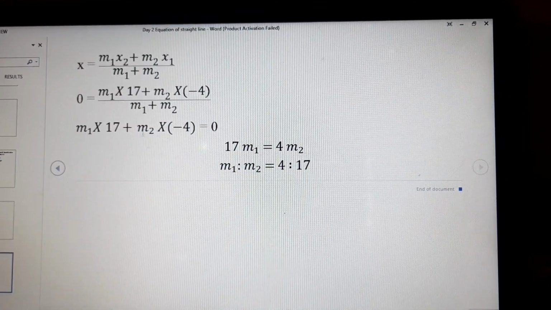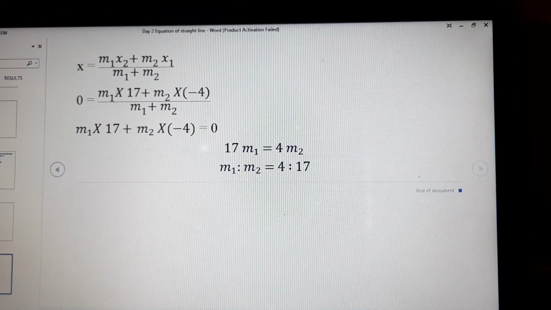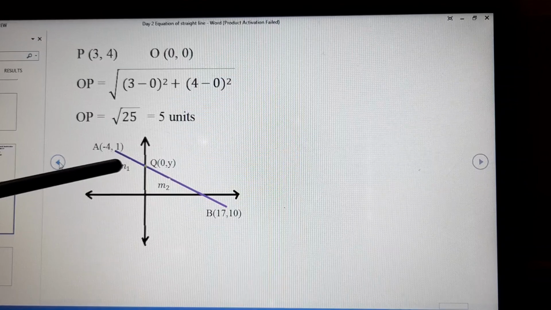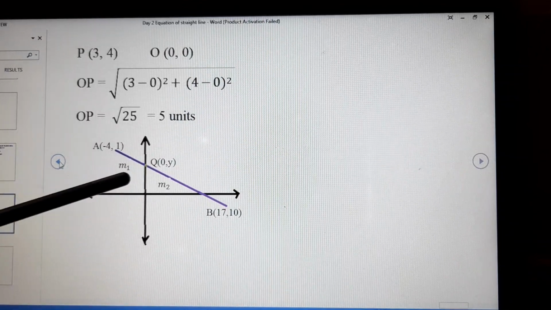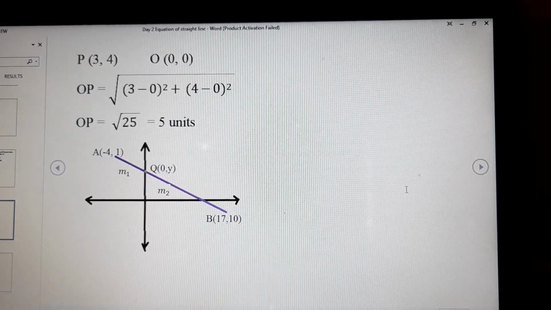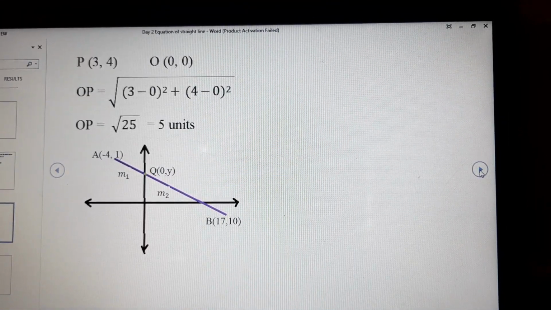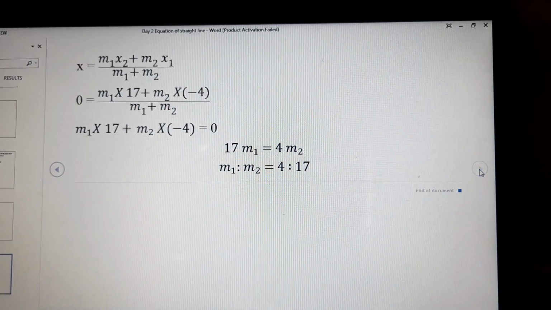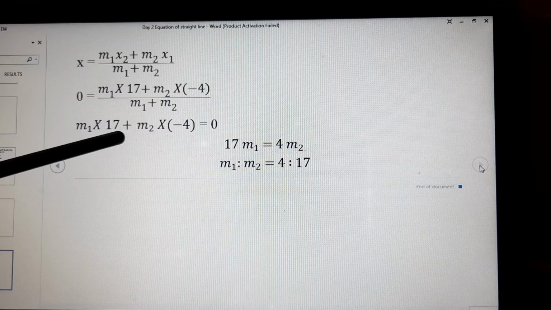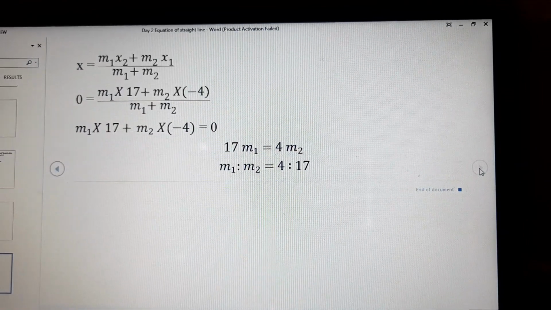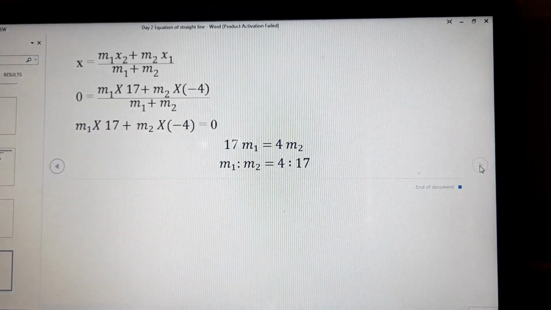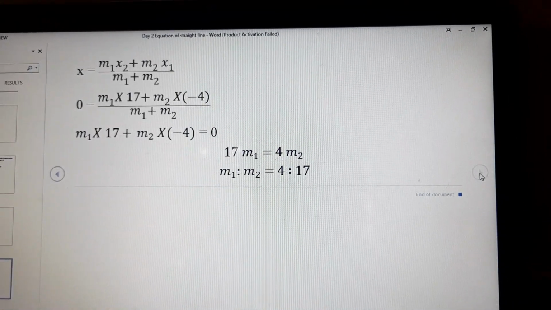Clear? m1, m2 we do not know. x is 0, and if I am taking m1, then x should be taken from this side, so 17: m1 into 17 plus m2 into minus 4. Clear? And if we do cross multiplication, this becomes 0. 17 m1 minus 4 m2 is equal to 0. And m2 will be transferred this side, 17 will go that side. So it becomes 4 is to 17. Clear?